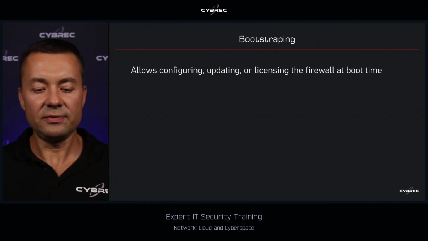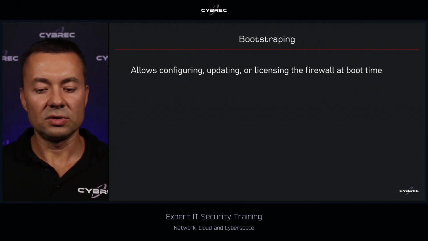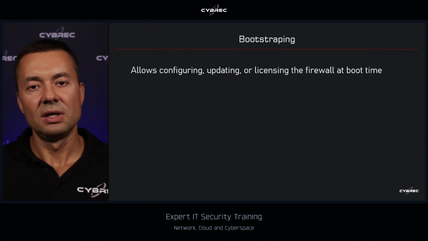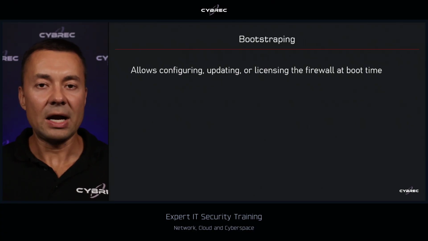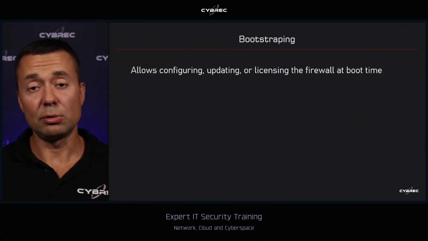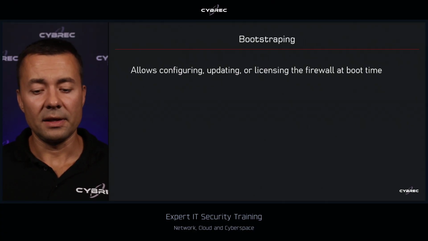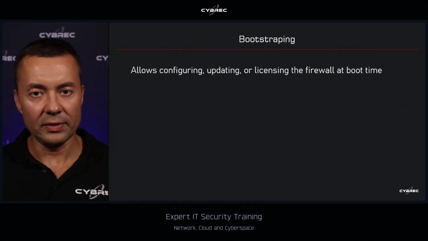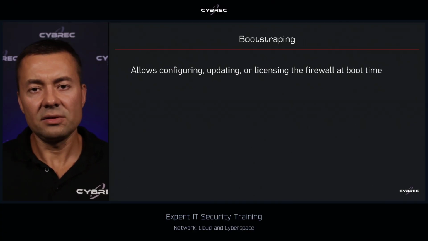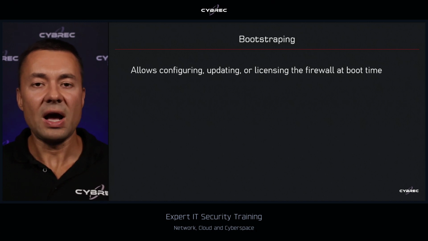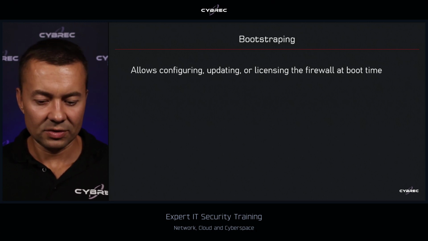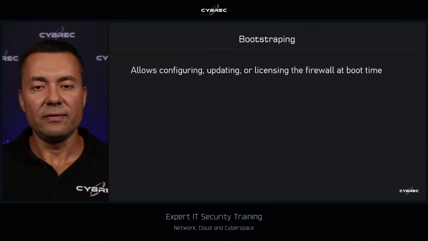Because remember that by default, if you don't provide those different bootstrapping options, the brand new, out-of-the-box firewall comes with the factory default configuration and the software, the operating system, that is listed under the marketplace. It doesn't know anything about Panorama.